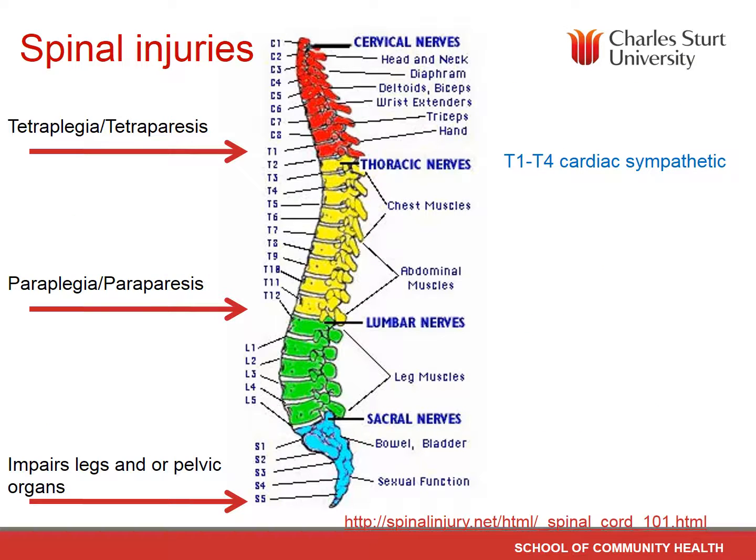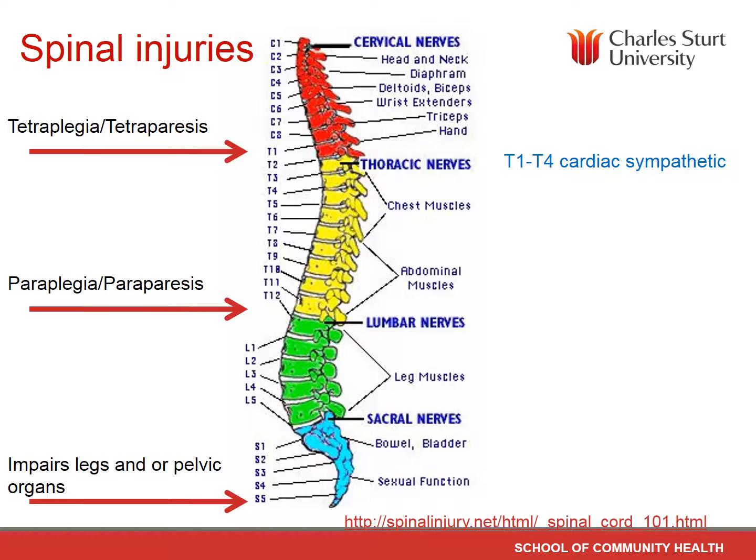Okay, so we can have a look here at an overview. Hopefully it should be revision for most people of the different levels of the spinal cord, and just a little summary of the function at each level. We can see if there's an injury at or above C8, we call it tetraplegia if there's complete severance at that level, or tetraparesis if there's only some loss but some function still from lower down the spinal cord.